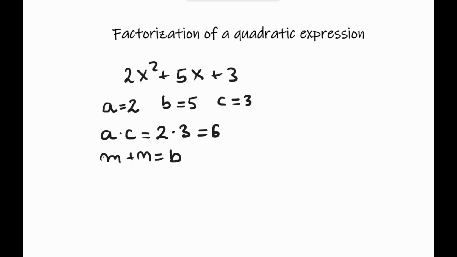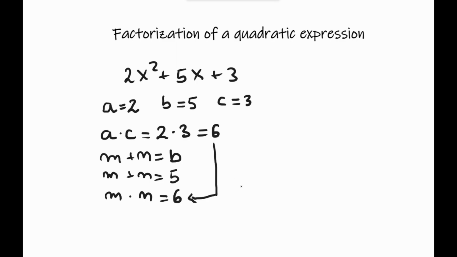In our case, the sum is 5, and their product is 6, the number we had by multiplying a and c.